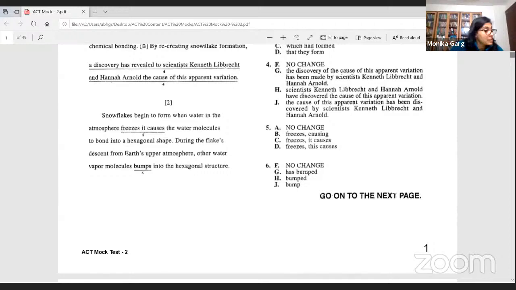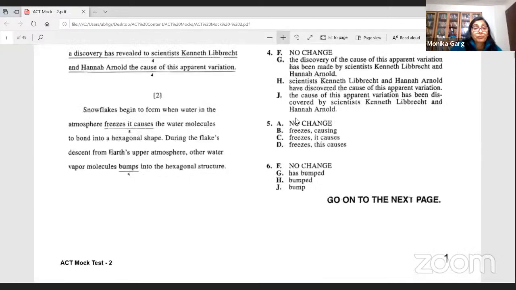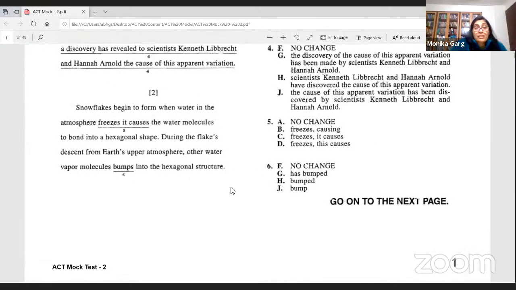Okay, so we start with the verb agreement and tenses questions. Look at question number 6. During flakes' descent from Earth's upper atmosphere, other water molecules bumps into hexagonal structure.